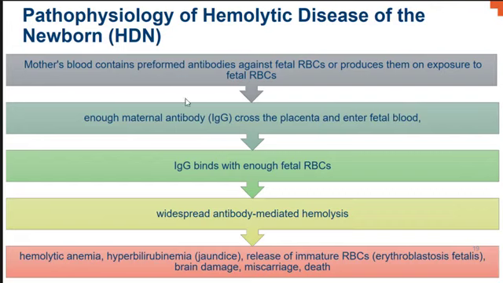If enough of these antibodies, which are immunoglobulin G, cross the placenta and enter the fetal blood, this can become a problem. They can attach, like a lock and key, to the fetal red blood cells, creating this widespread antibody-mediated hemolysis, meaning caused by antibodies. So the hemolysis will occur all throughout the body, which is the breaking down of red blood cells.